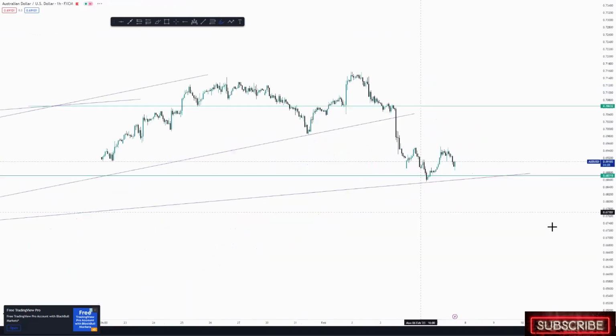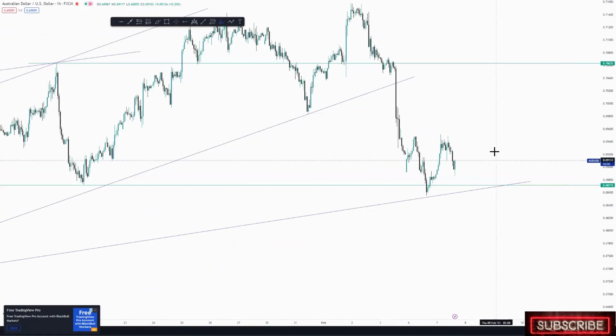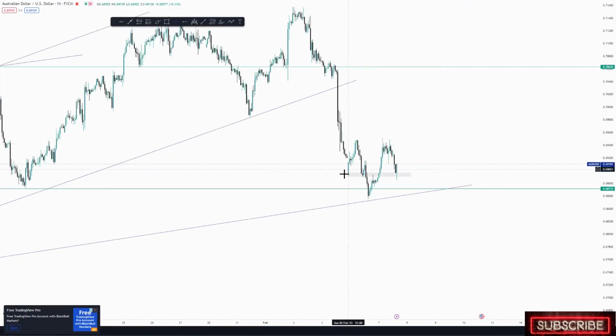And then on the 1-hour time frame, I did see that there is a probability, or a clear inverse head and shoulder pattern, right? Which is first shoulder, left shoulder, the head, and this is now looking to be a right shoulder, right?